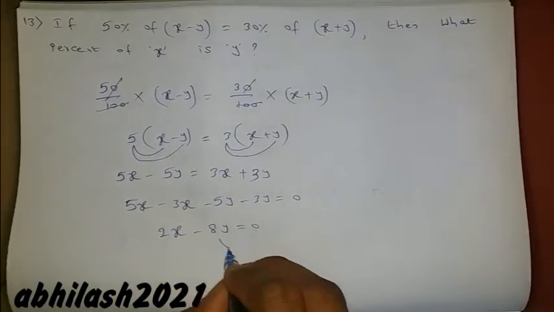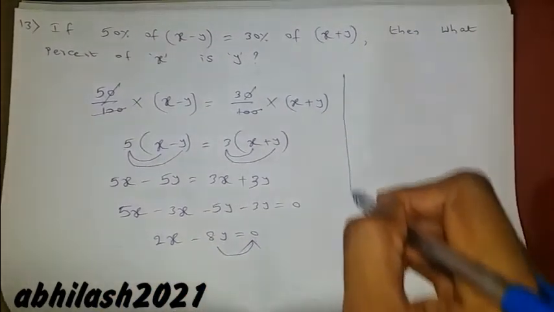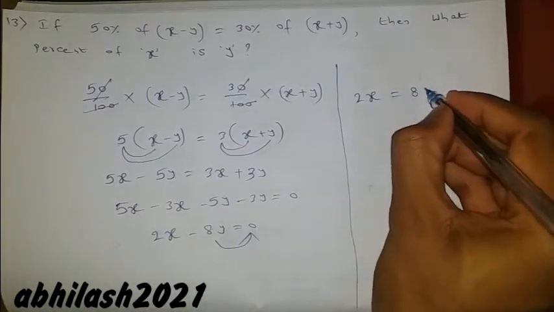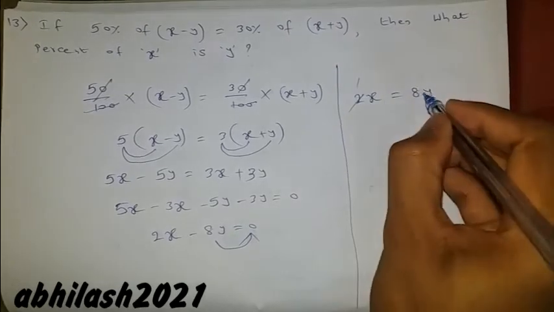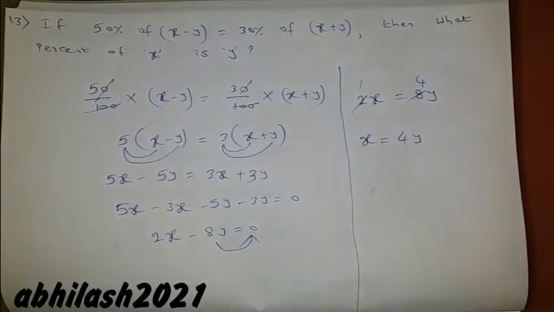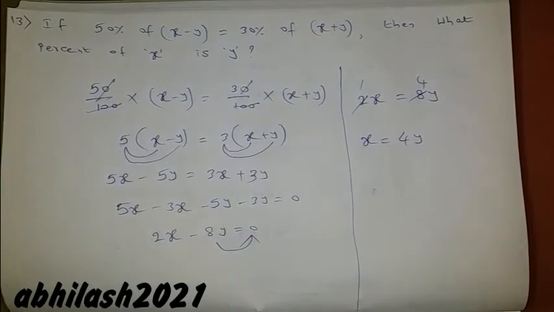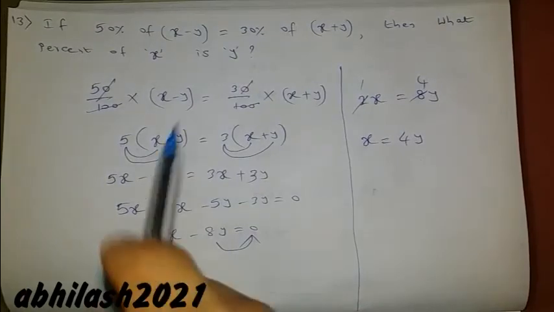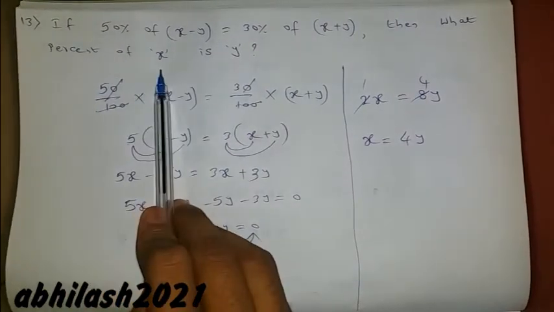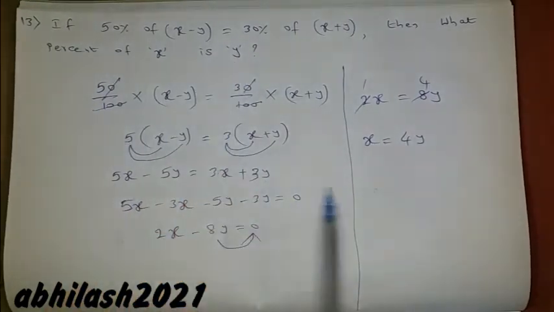Now I will bring this minus 8y to the right side. So we will get 2x is equals to plus 8y. 2 ones are 2, 4s are 8. So x is equals to 4y. Now what exactly is the question? What percent of x is y?